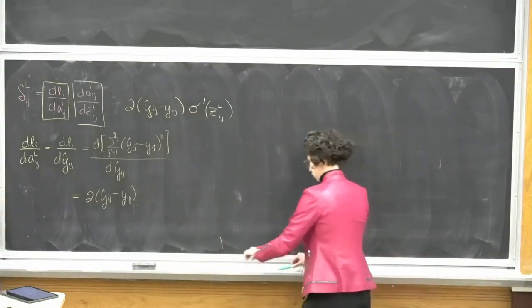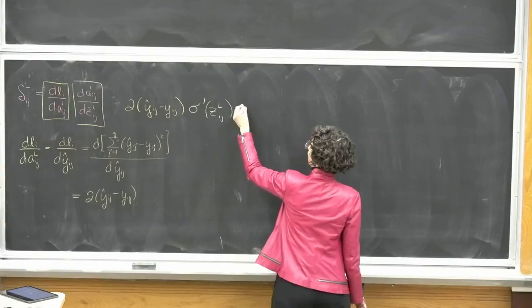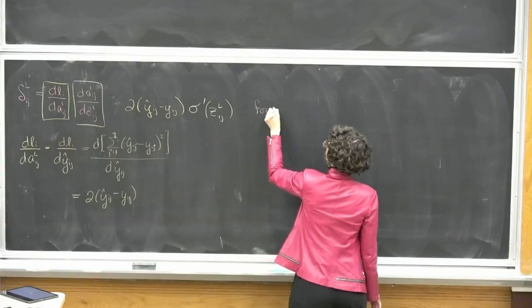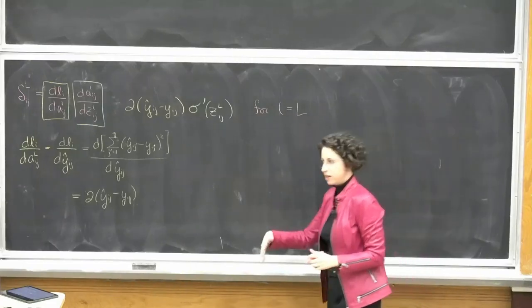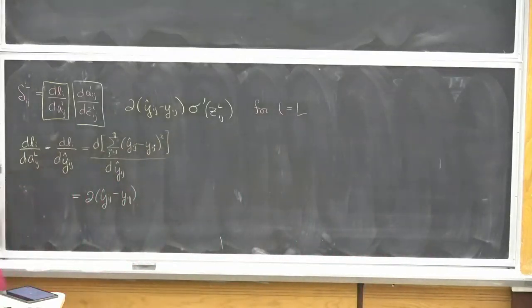So now we have expressions for this delta_ij^l for l equal to the final layer, and on the previous board, for all the previous layers.